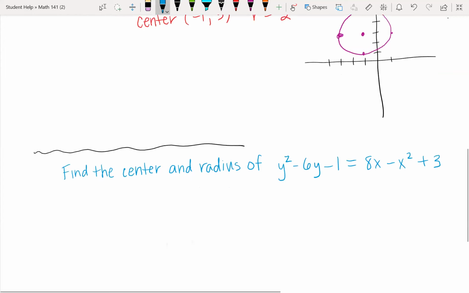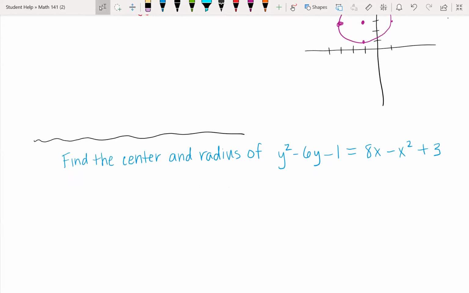So what I'll do is start by moving anything that has a variable onto the left, and then anything that has a number onto the right. So the x squared is going to come over to the left. I'll move that 8x over as well. Actually, let's rearrange these so that they're in the right location. I'll put the y squared here.